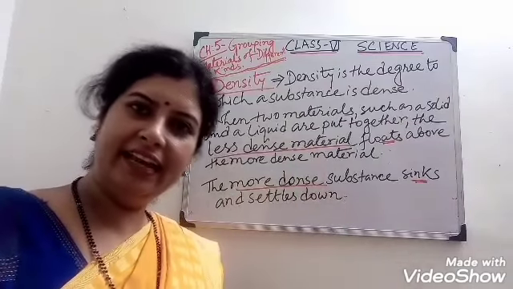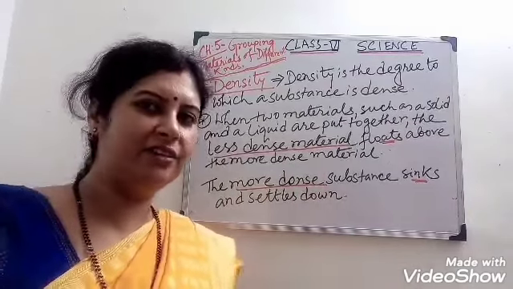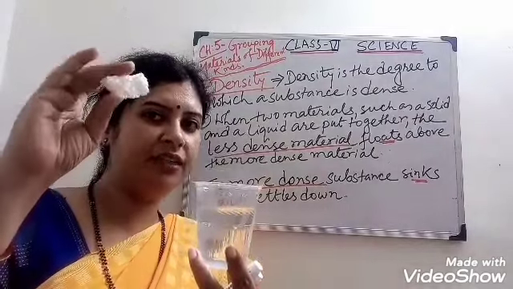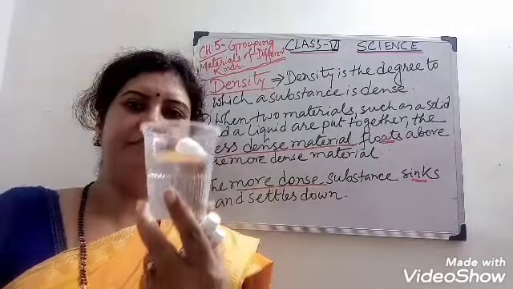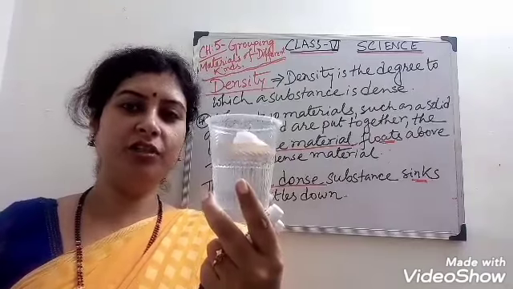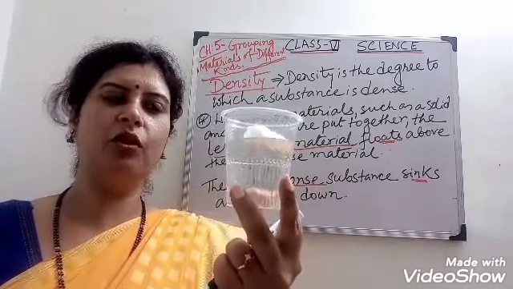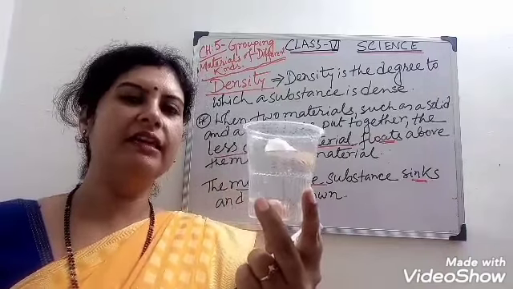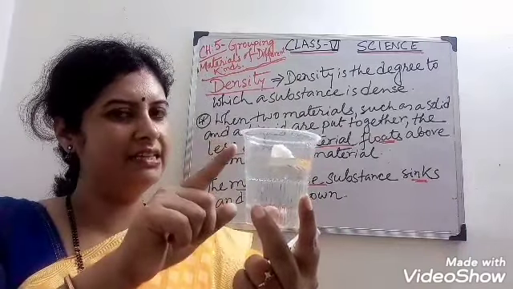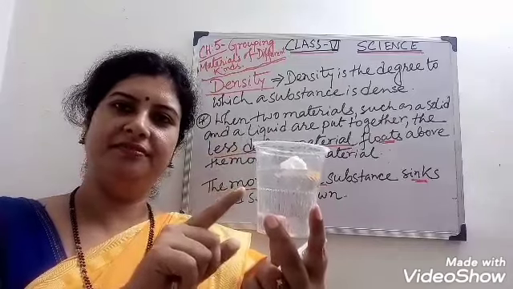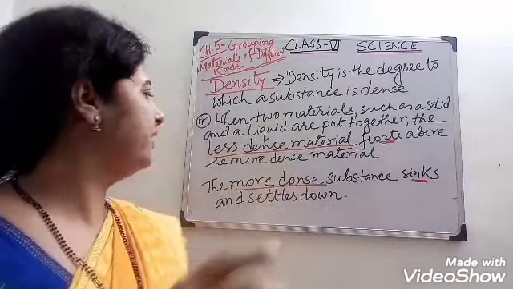Now children, take another example. I am taking a glass of water and a piece of thermocol. Now what do you observe? This thermocol floats on the water because the density of the thermocol is less than the water. Clear? Now come to the next.